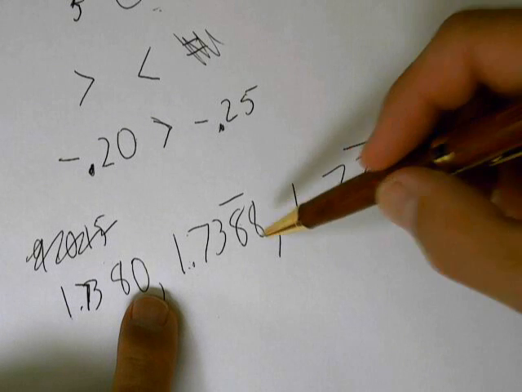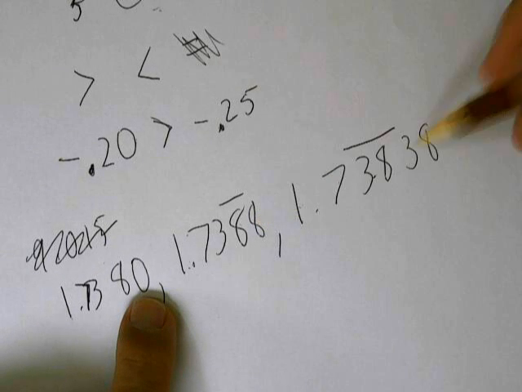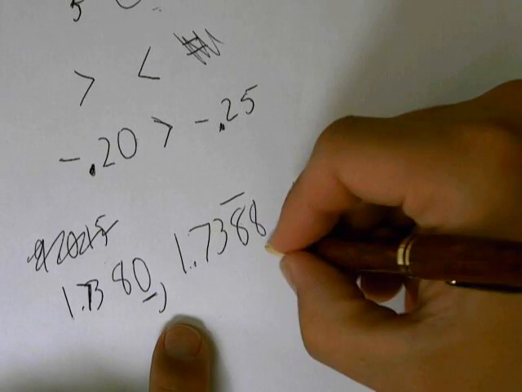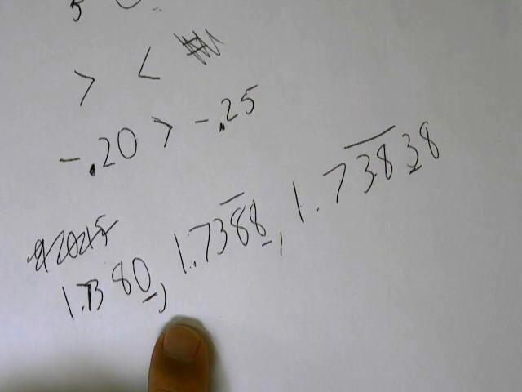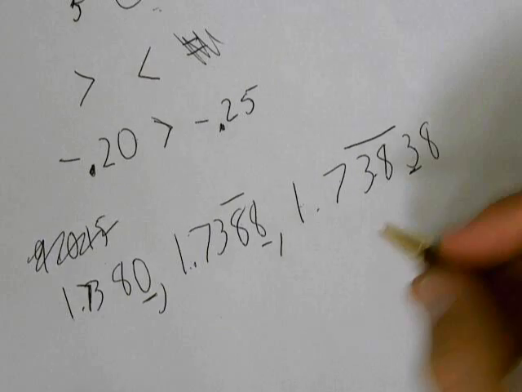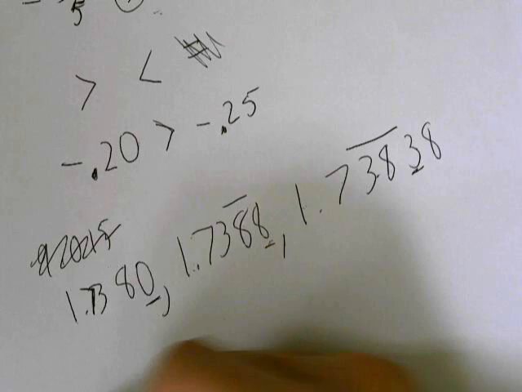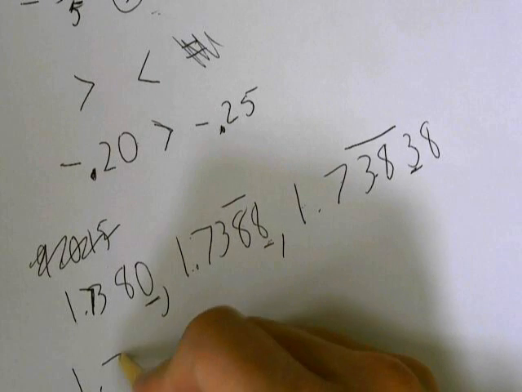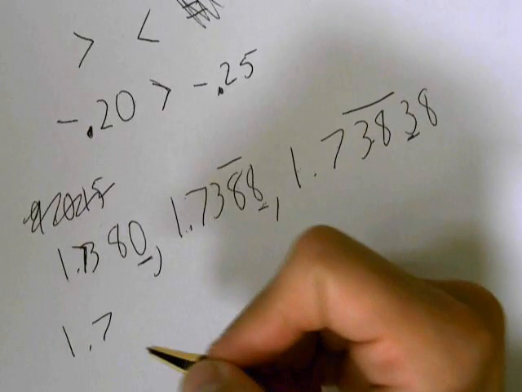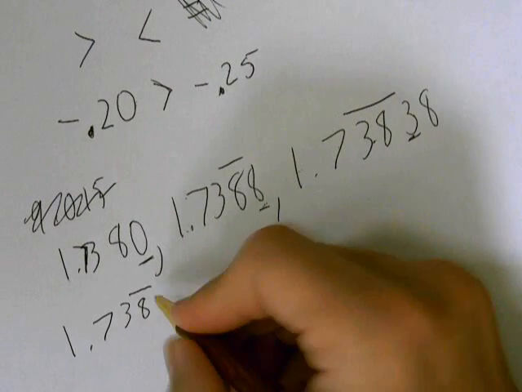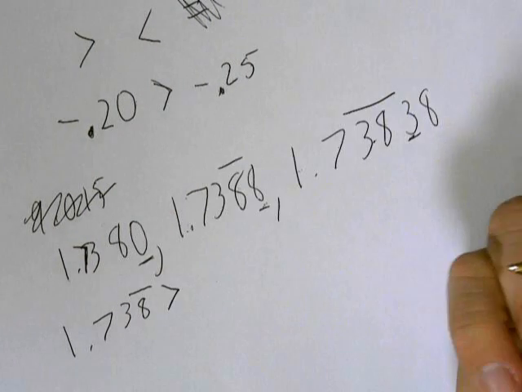So let's compare the next one. 0, 8, and 3, right? Remember, we're looking at this one right here. 0, 8, and 3. Well, 8 is the biggest out of 0, 8, and 3. So that's my biggest number, 1.738 with the 8 repeating, and that's bigger than the other two.